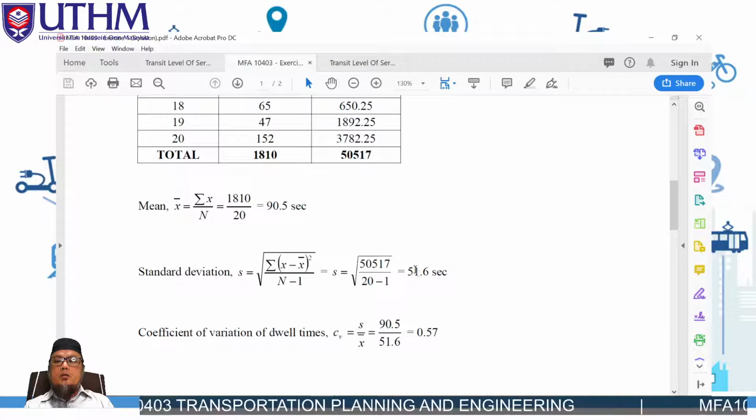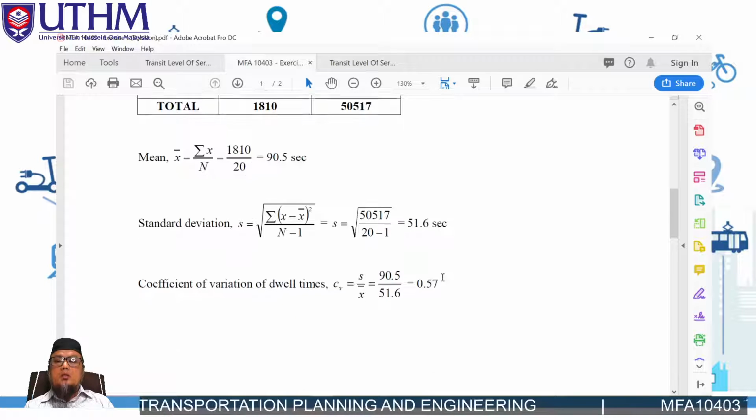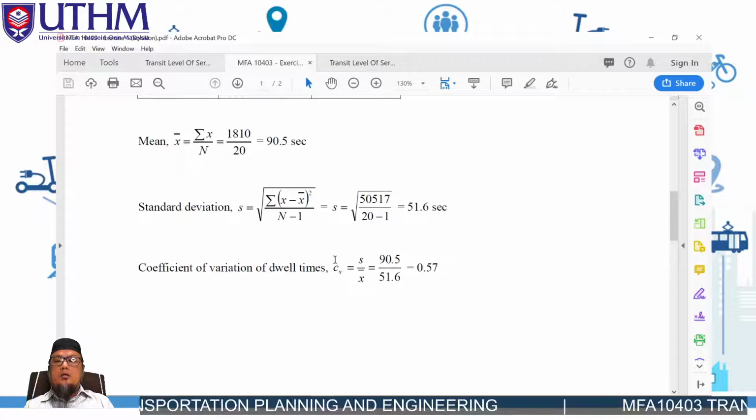So we obtain 51.6 seconds. Then we can calculate straight away to determine the coefficient of variation. From here we obtain 0.57. So we have answered the question asking for the coefficient of variation. Next, we want to determine the failure rate.